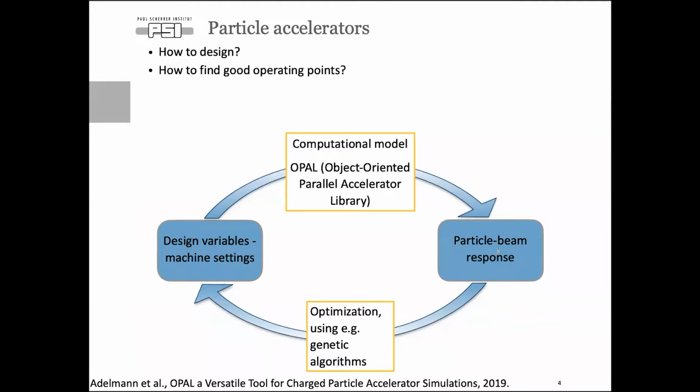What is done mostly is that physics-based models, like the object-oriented parallel accelerator library OPAL, are used to simulate the accelerator in the forward direction, so from the machine settings to the beam response. And for the inverse direction, mostly optimization algorithms are then used in combination with those physics-based models.